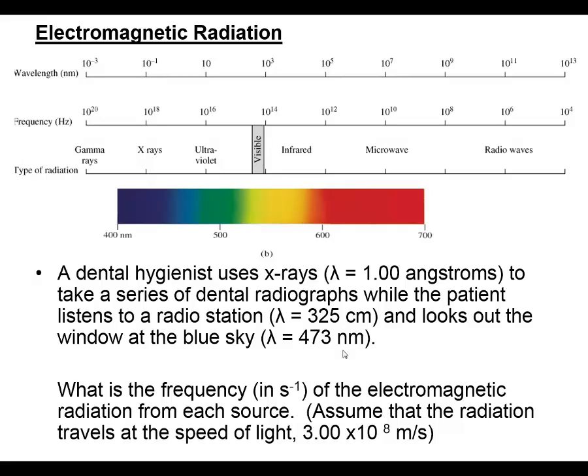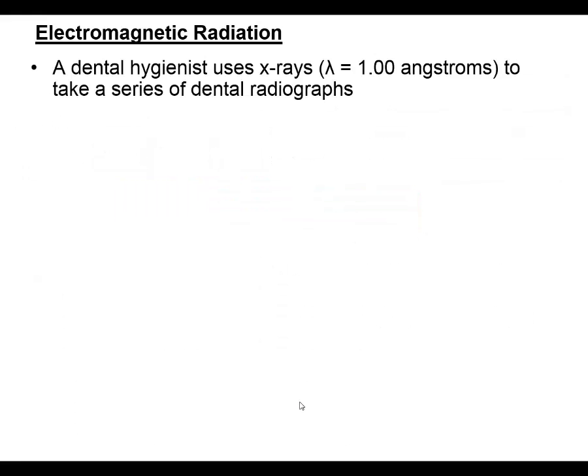Okay, let's find its frequency in hertz, which is cycles per second, so it's going to be inverse seconds here. As I set this equation, first of all, I need to relate my wavelengths to meters. Here's the reason why.